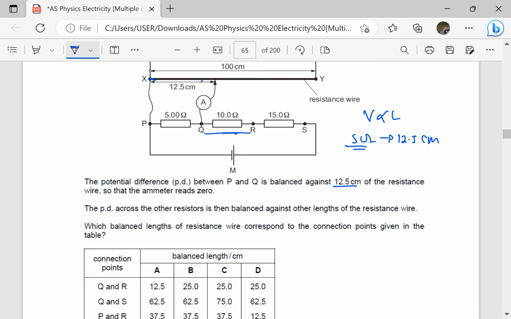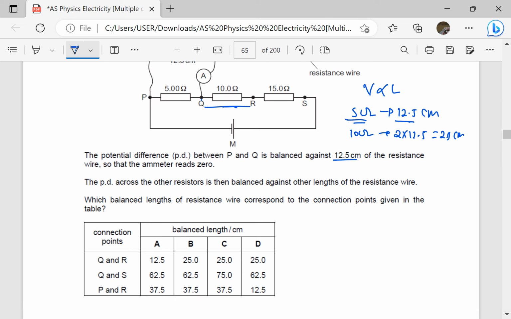Say 5 ohms corresponds to 12.5. 10 ohms is twice 5, so it means 10 ohms is going to correspond to 2 times 12.5, which is equal to 25 centimeters. So 10 ohms QR should be 25. So this one is wrong. The rest, it means A is out because QR is showing 12.5.